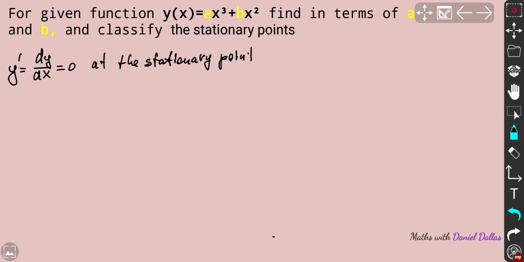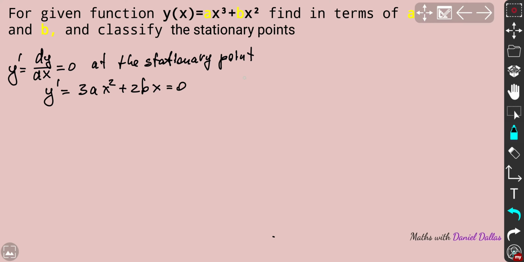So that's the necessary condition. That might be a point of local maximum, local minimum, or even an inflection point. So let's differentiate. y prime is going to be equal to, as a and b we consider as constants, like some numbers, 3ax squared plus 2bx. And we equate that to 0.